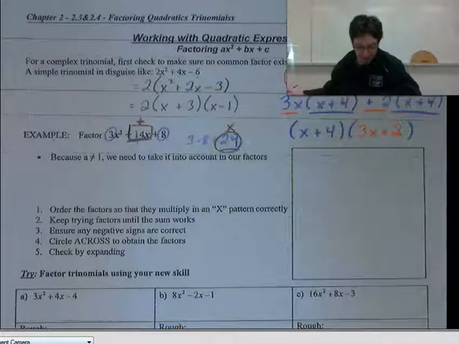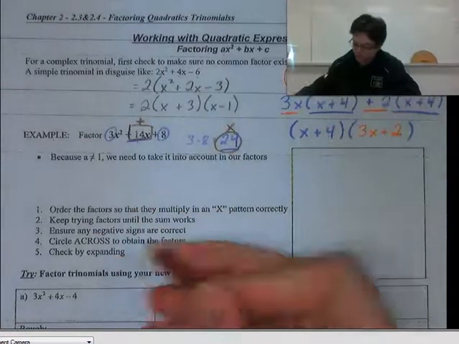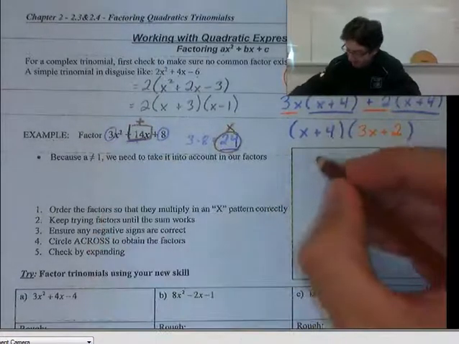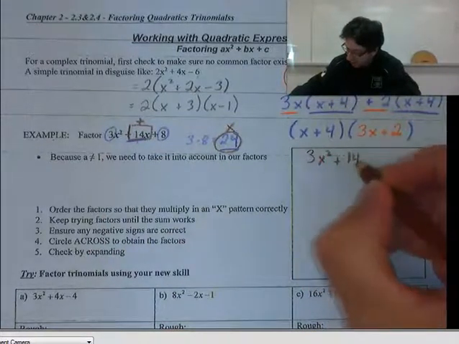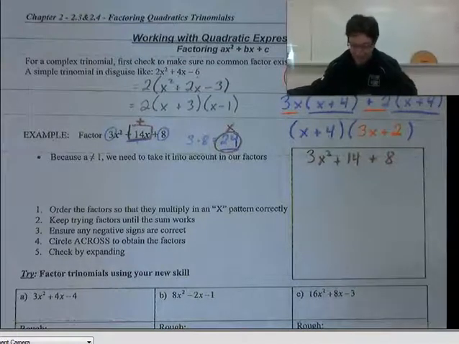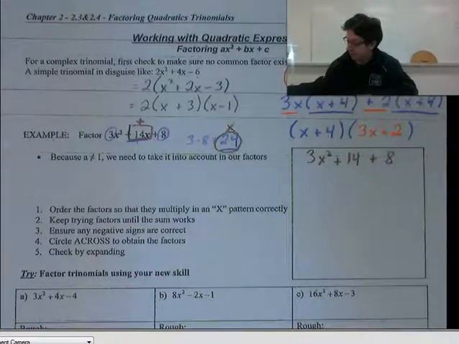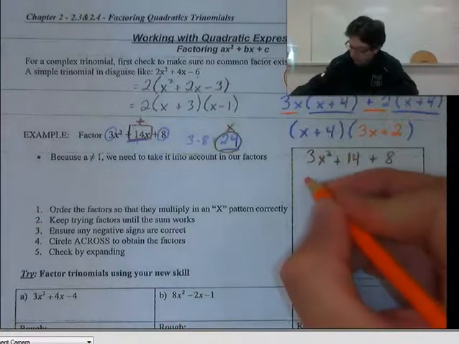So I'm going to go over another method today. The steps are right over here. So let's do the exact same question. Let's do this 3x squared plus 14x plus 8. Okay, so we're going to factor this exact same question. And how we're going to do that is we're going to sort of do two columns, right?